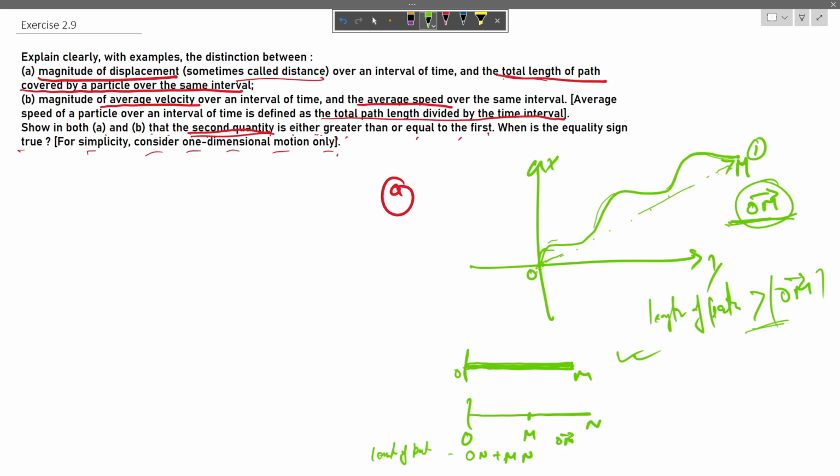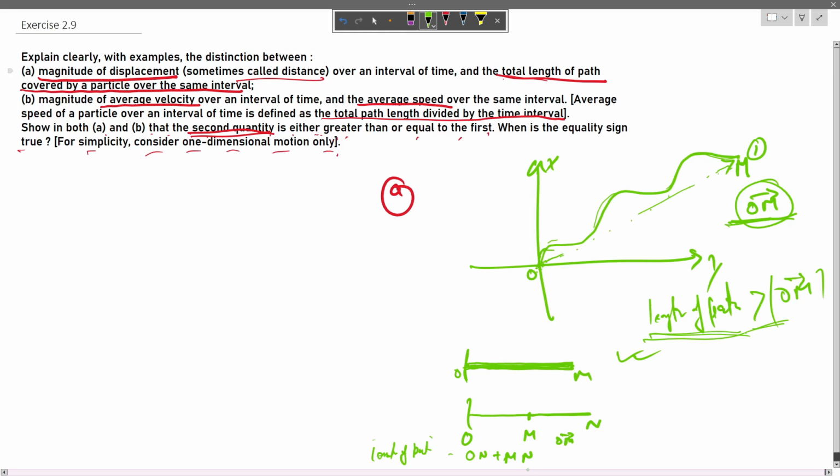Here also we see that the length of the path is greater than the displacement. So we can distinguish between the length of the path and the magnitude of displacement, as the length of the path is always greater than or equal to the magnitude of displacement, and also displacement is a vector quantity and length of path is a scalar quantity.